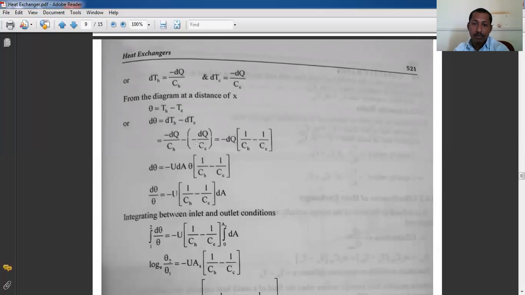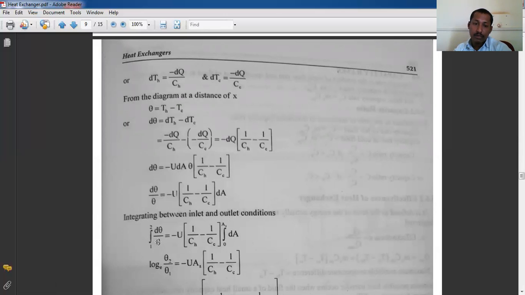Okay, here minus into minus is plus, and taking minus dq as a common term, 1 by Ch minus 1 by Cc, d theta is equal to minus U dA theta into (1 by Ch minus 1 by Cc). d theta by theta is equal to minus U into (1 by Ch minus 1 by Cc) into dA.